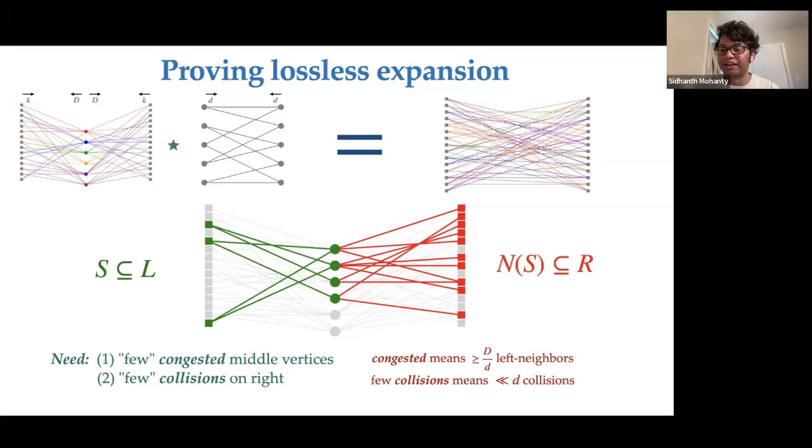So we would like to say that on average, if you normalize by the number of vertices, the number of collisions that each vertex partakes in is a lot less than d. Let me phrase that more clearly. Let's say I look at a middle green vertex, and let's say we count how many of the red edges that it's shooting out to the right partake in collisions. We would want this number to be a lot less than little d.